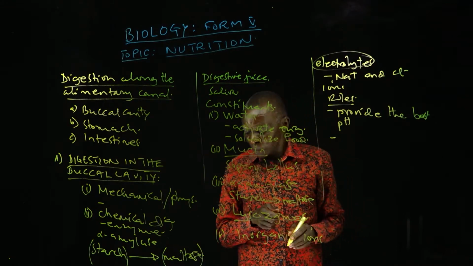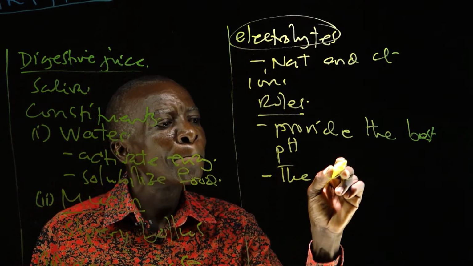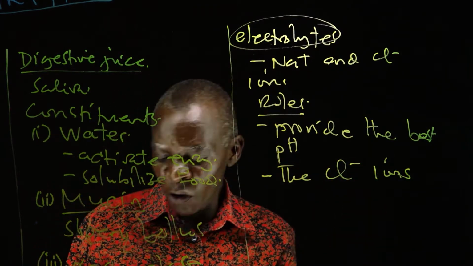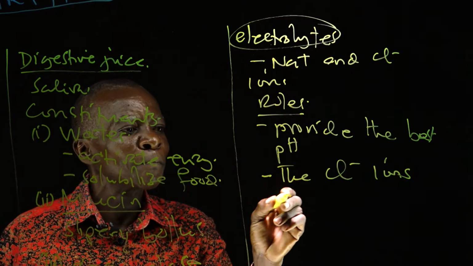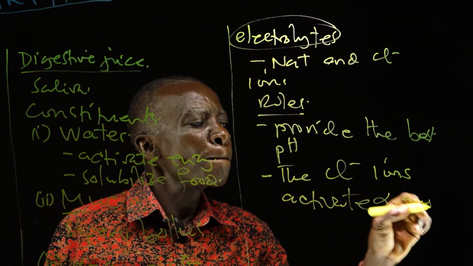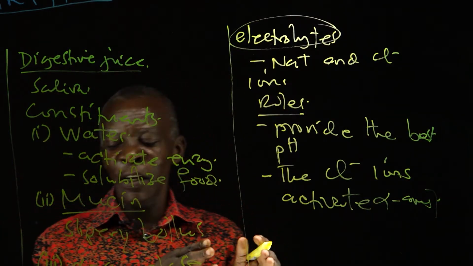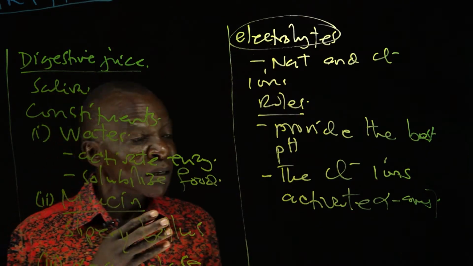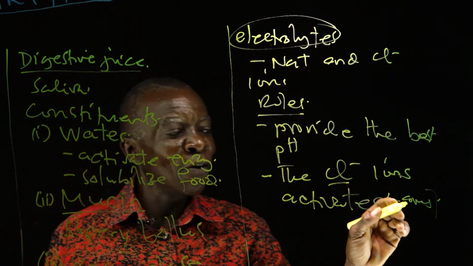But secondly, the chloride ions activate alpha amylase.